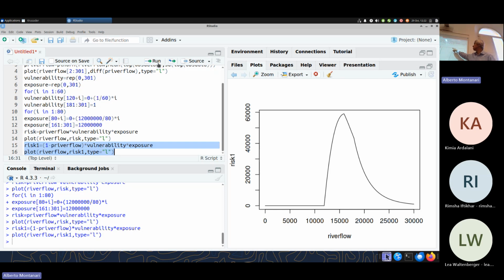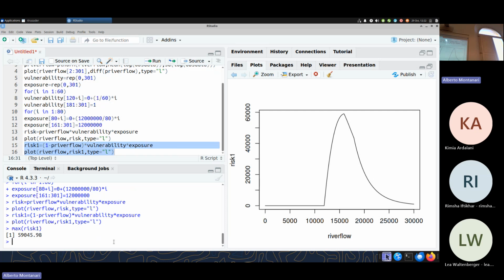It's about, okay, 5 million is here. It's close to 6 million. It's probably 5.8, something like that. We could potentially get the max here. Let's get the max, okay? So max risk 1. It's, yeah, almost, let me think.